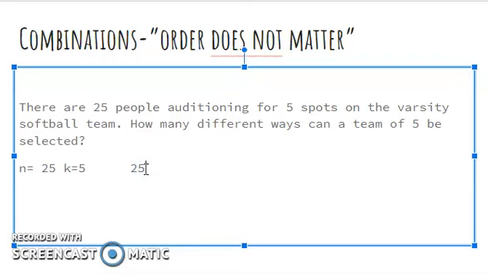So this would be 25 factorial divided by n minus k, 25 minus 5, parentheses factorial, and this would equal a very big number, 6375600 permutations. Now we have to change this into combinations by figuring out how many ways we can arrange these 5 people differently.